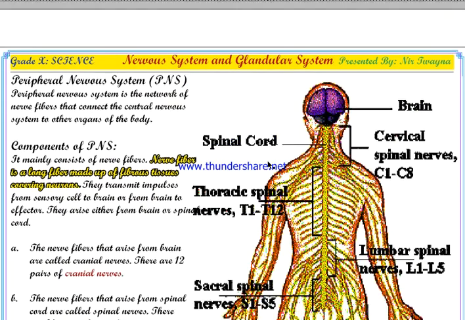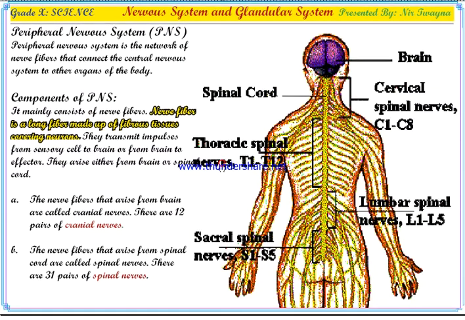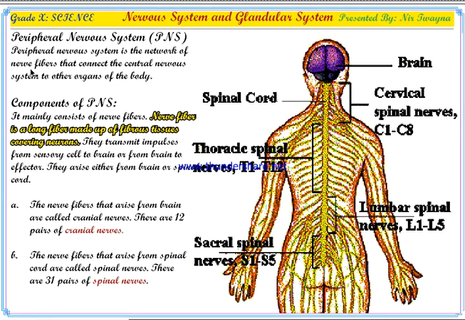Let us go now to the peripheral nervous system. The word peripheral means sideways. Central means the axis. Peripheral means sideways. The peripheral nervous system is actually the delivery system.